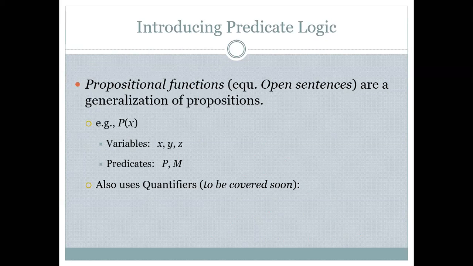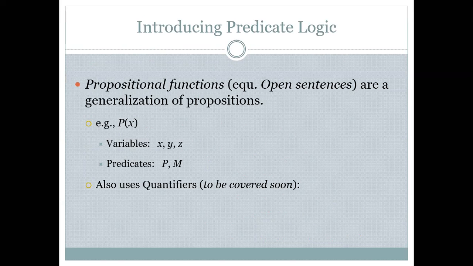So a propositional function, I like to call them open sentences because they're kind of open-ended until you know the value. An open sentence actually is a technical term in logic. They're a generalization of propositions. So P of X, okay?